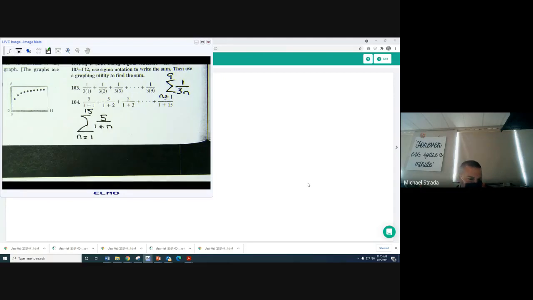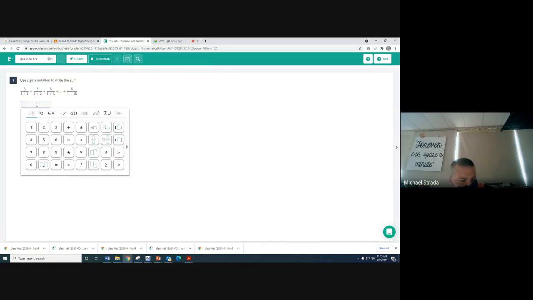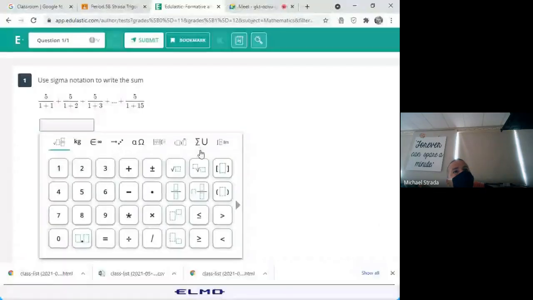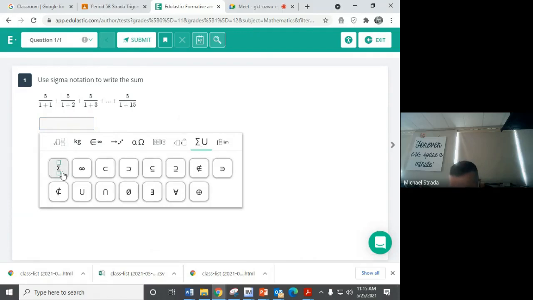Now, for those of you in class, if you want to take a moment to think about how you can better yourselves or life, this is for the people at home. When you want to enter the sigma notation, you will pick this up. That is where sigma notation is, big operators. You click it, and then that's the sigma notation.